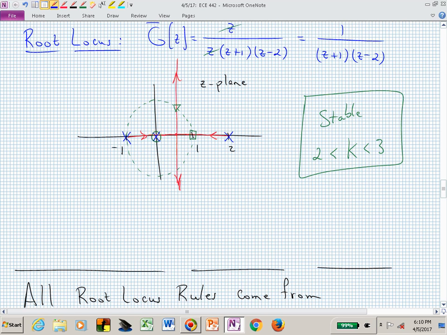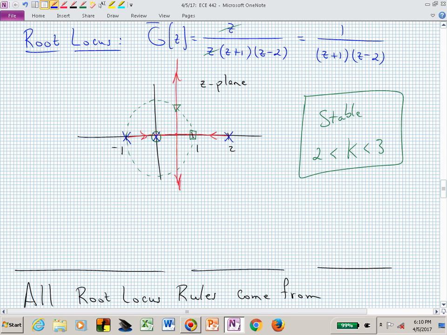This is similar to the last problem, but the logic is the same. If you look at the root locus, do you start with both closed loop poles inside the unit circle with k equal to 0? You start with one out at 2 and the other one at -1. So one's okay, but the other one is not.